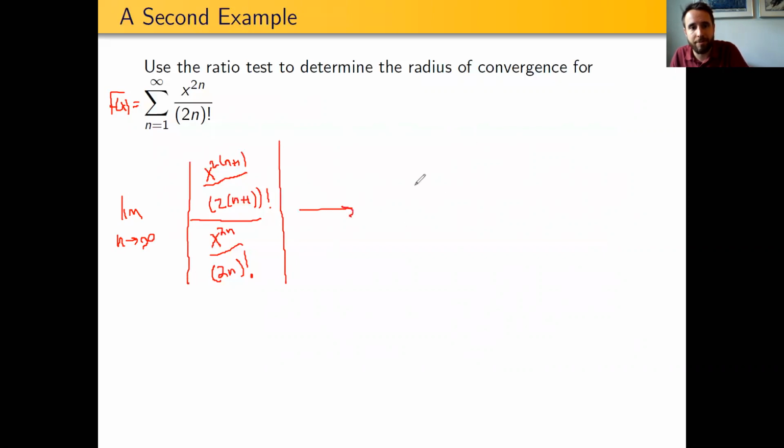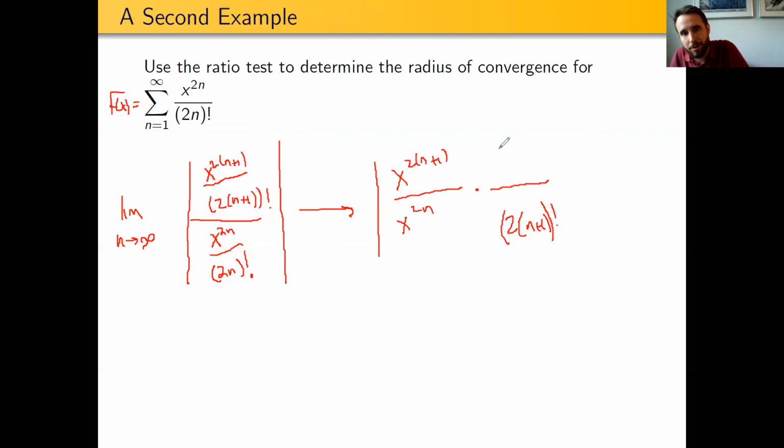We can rewrite this and simplify it a little bit. So I'll still have these giant absolute value signs, but this can become an x to the 2n plus 1 divided by an x to the 2n times, over here we can get 2n plus 1 factorial under 2n factorial. Right, so that's now the quantity that we're trying to take a limit of.